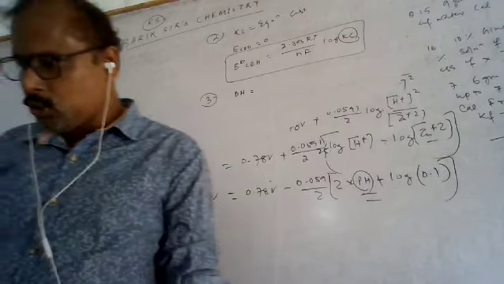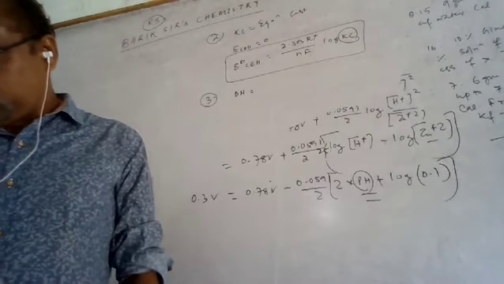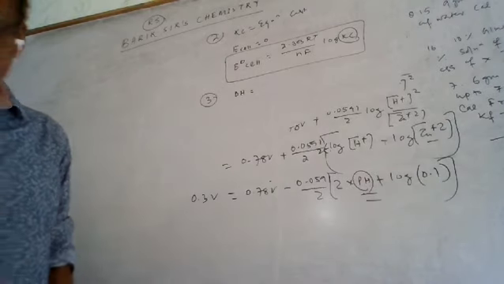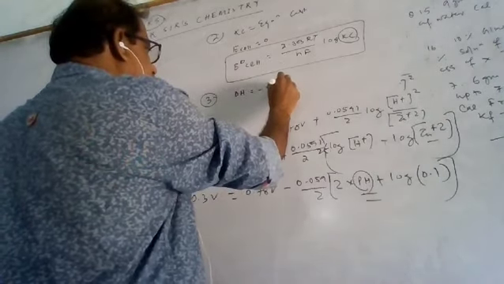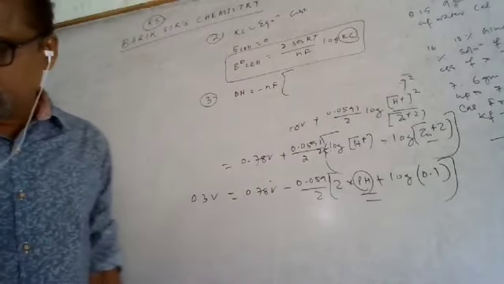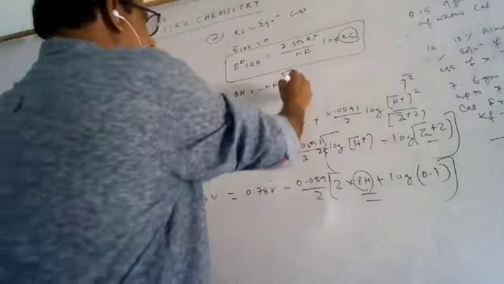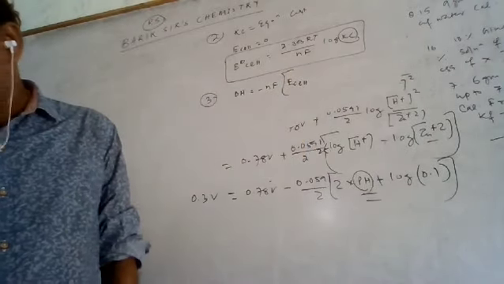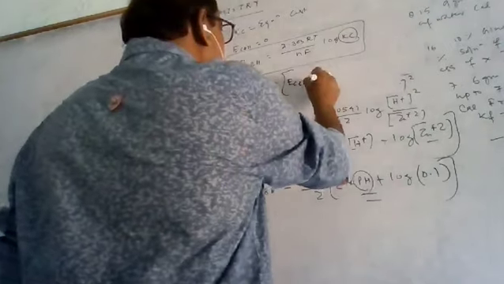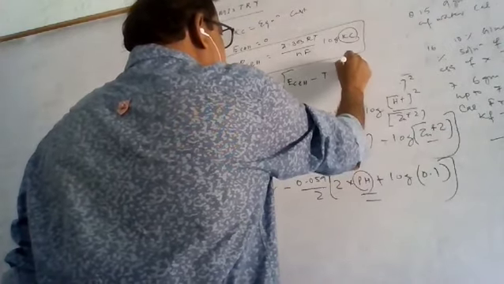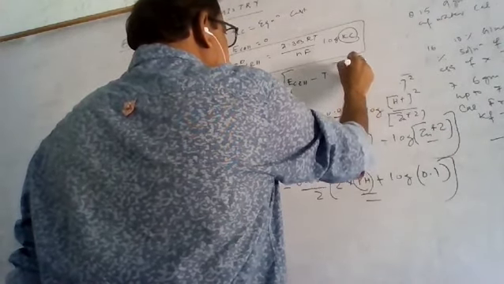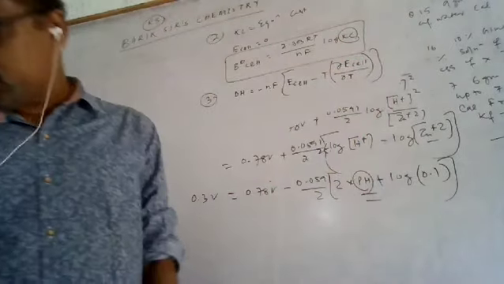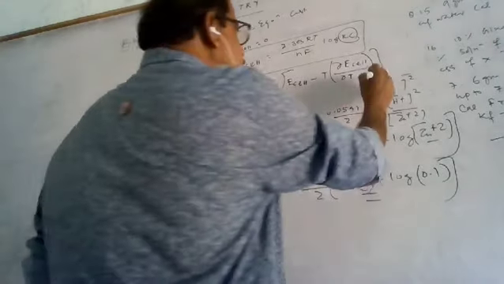Delta H is equal to minus NF taken the E cell minus T, the change of E cell by the change of temperature at constant pressure.